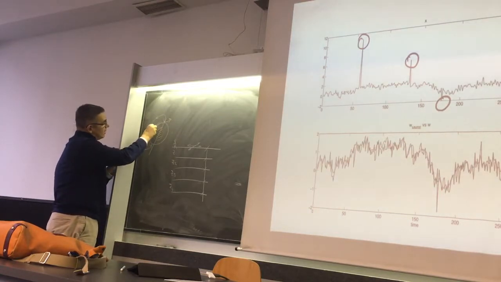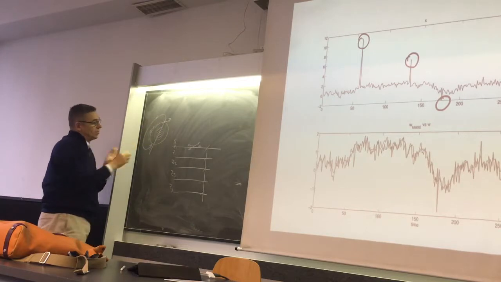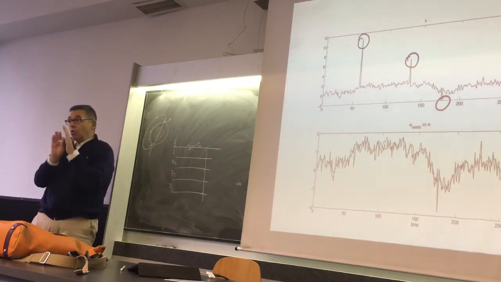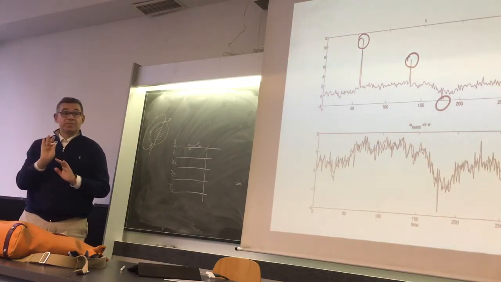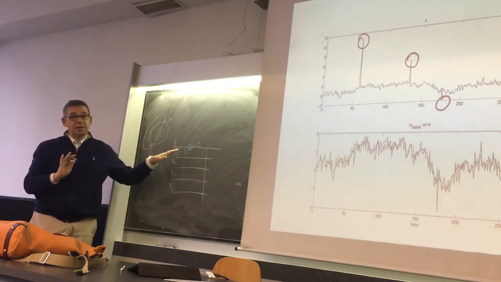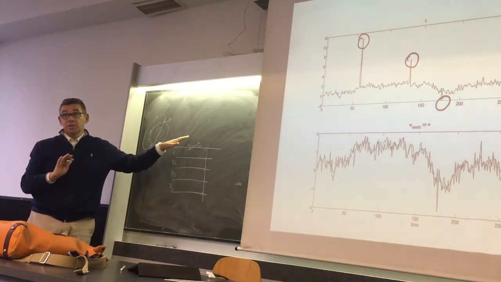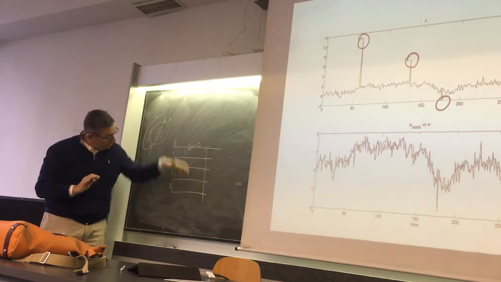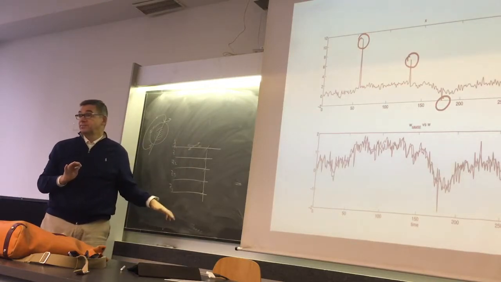This magnetic field on the surface sometimes generates a small variation of the magnetic field. This small variation induces an electrical field that propagates underneath.